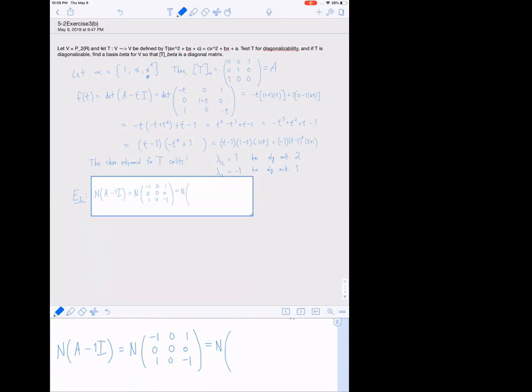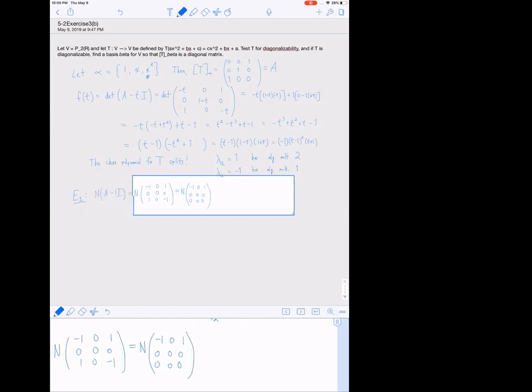So very conveniently, we could just add the first row to the last row and immediately get 2 rows worth of zeros. Now we can see pretty quickly that this null space should have 2 free variables.